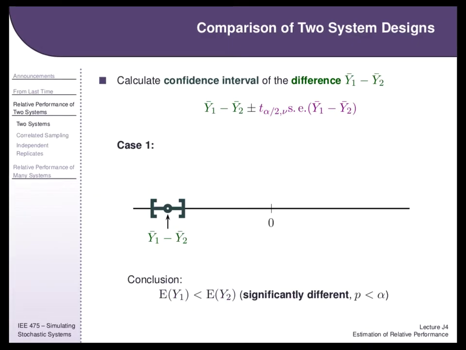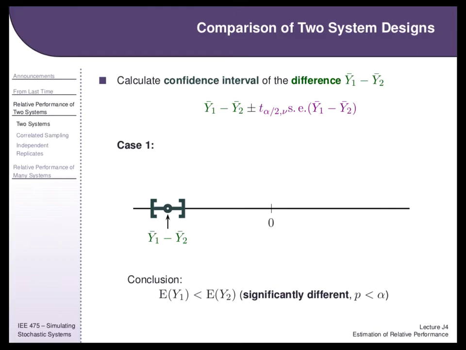And so the idea that we're saying here is, well, can we build a confidence interval on the differences between the systems? And so now, rather than building a confidence interval for one system and a confidence interval for a second, let's just say, can we build a single confidence interval for the difference?